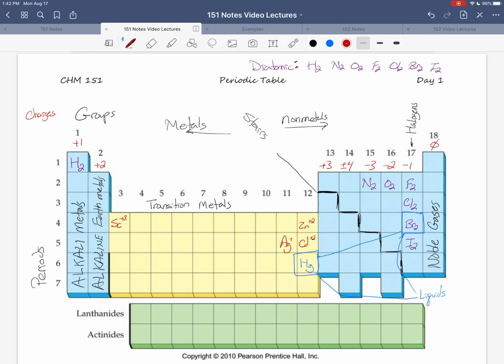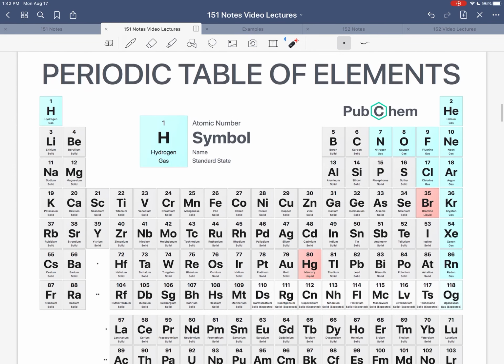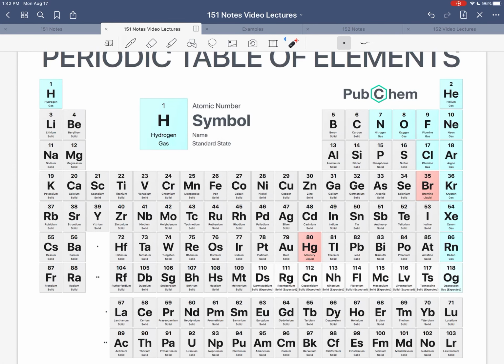All right, now, if we look at an actual table here, this has all the names and everything on it. It has the states. So the one in the classroom would be similar to this with the states, right? Now they're in light blue here. All these ones in light blue are gases at room temperature.